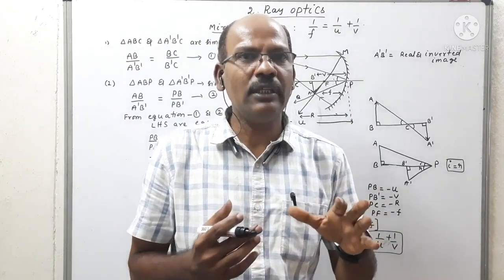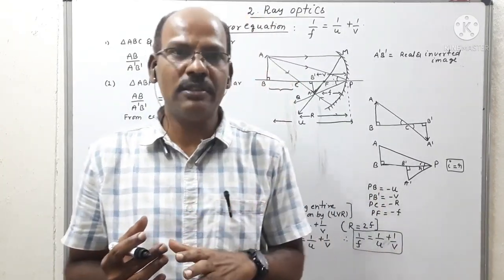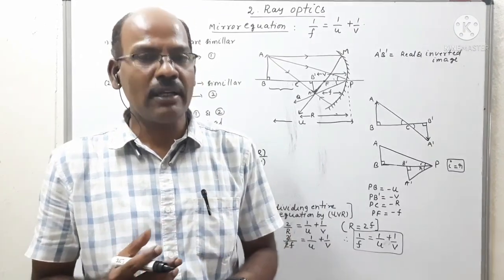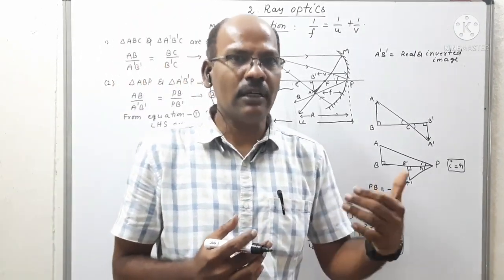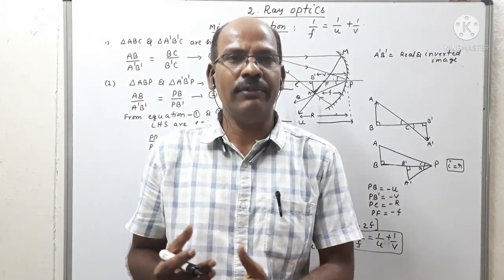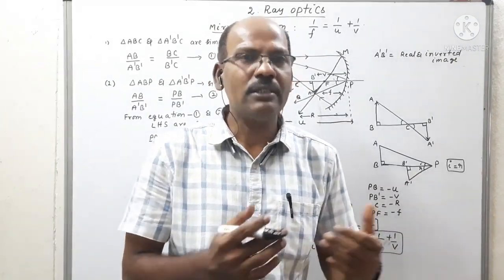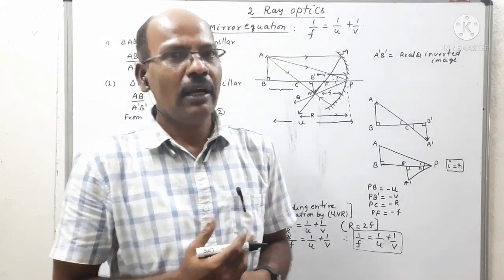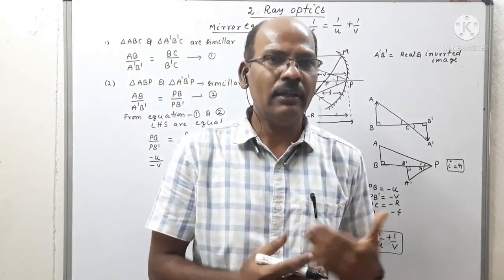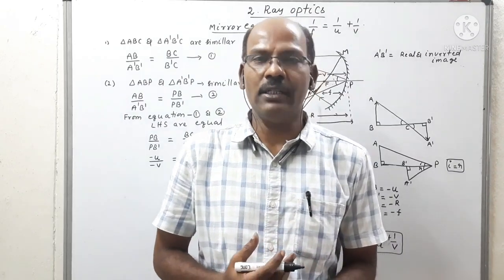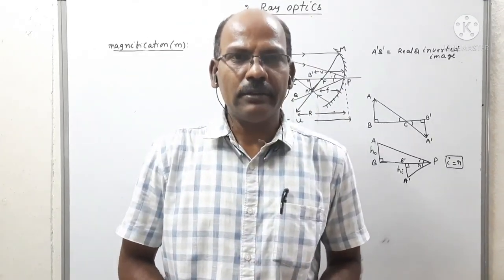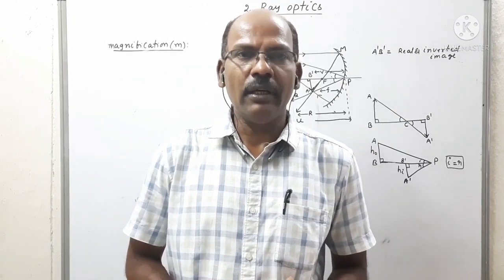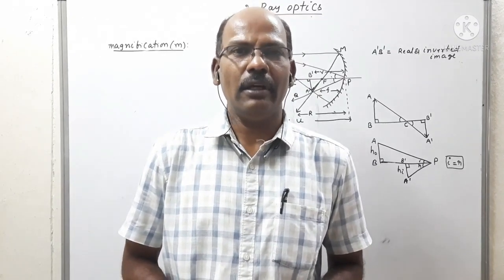In order to observe the size of the image with respect to object, that gives the magnification of either concave mirror or convex mirror. So what is the mathematical equation of magnification, and how can we define magnification? Let's define what is magnification of a concave mirror or convex mirror.